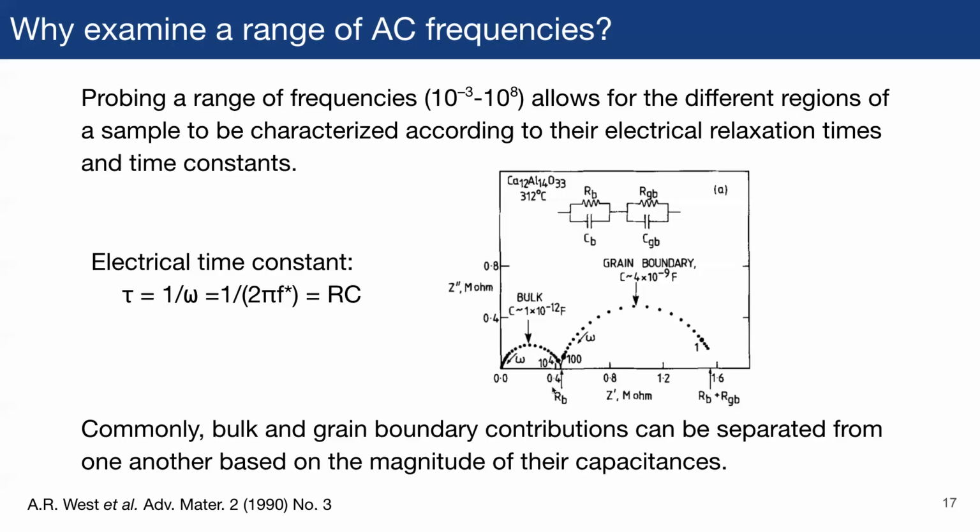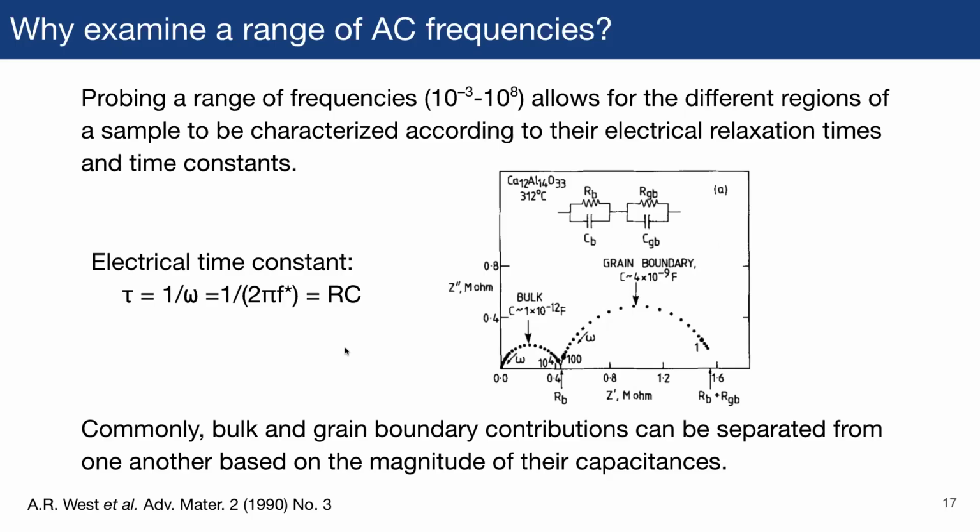Now, the two semicircles, like we said, will have different time constants. And the reason that we have different time constants is because the capacitance associated with each of these electrochemical components of our system are very different. The capacitance of our bulk is quite different from the capacitance of our grain boundaries.